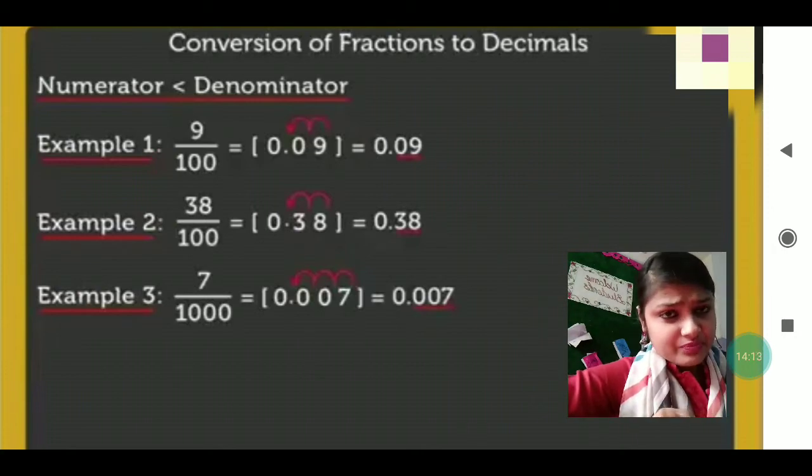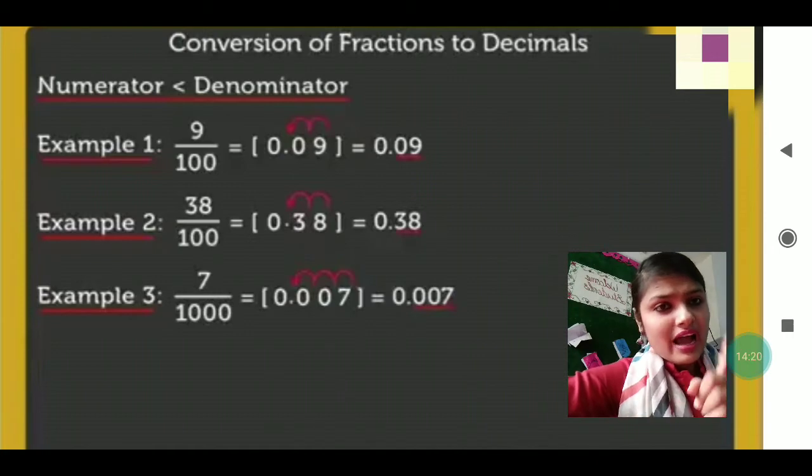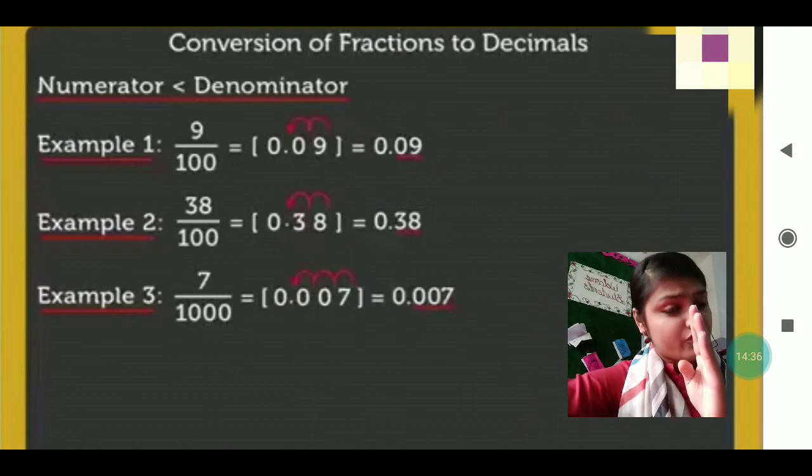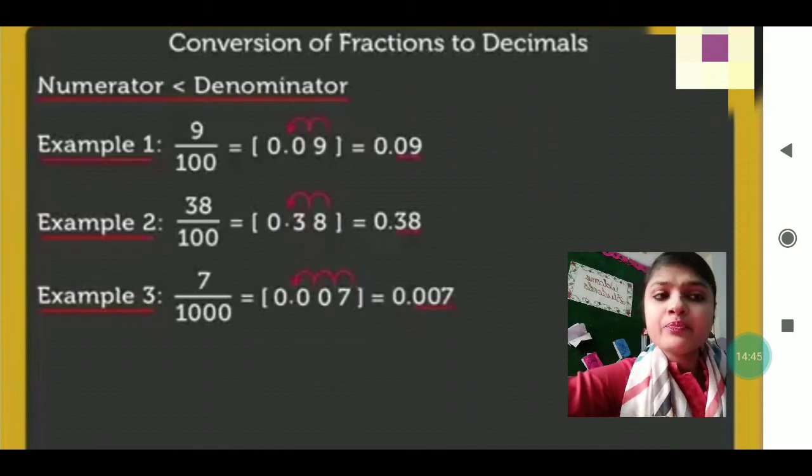Because the denominator has two zeros, and the numerator had only one digit, I put a 0 before 9 to make it equal, then put the point after two places, so I have written 0.09.